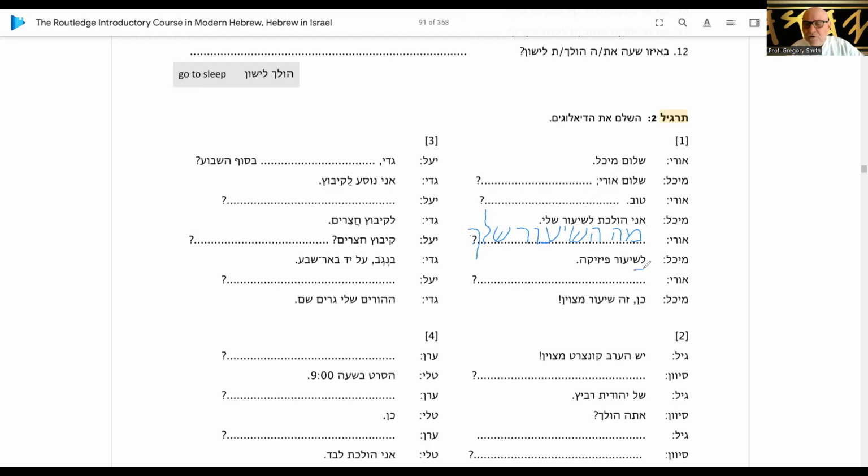Mikal says Leshiur physica, for physics class. Ori says blank. Well, we've got to figure out what that question might be by the answer, right? Ken, ze shiur metsuyan. Yes, this is a nice class, a great class, an excellent class. Ken ze shiur metsuyan.